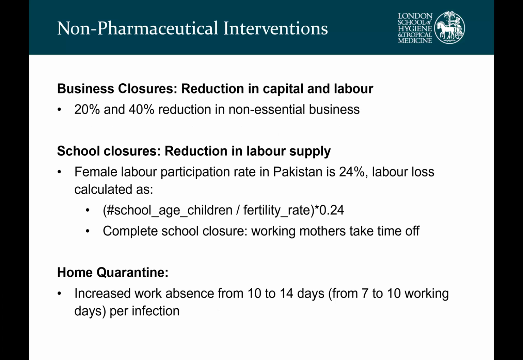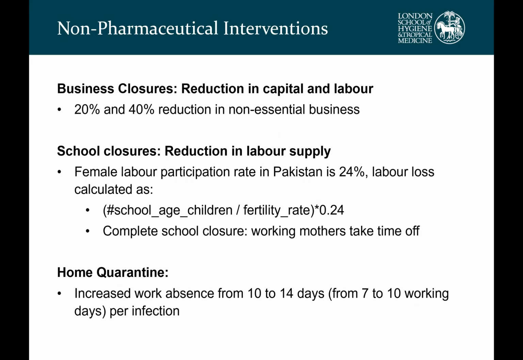The actual lockdown measures that we capture include business closures, where we reduce capital and labour supply to the economy to reflect the closure of 20% or 40% of non-essential businesses. And we can do that because we've got a sectoral model.